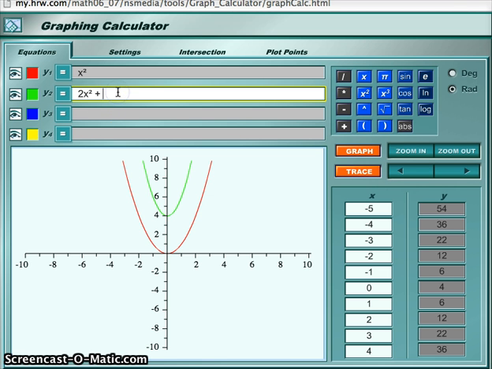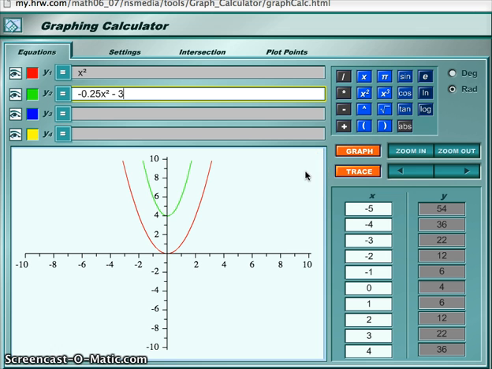We'll try another one. y equals negative 0.25x squared minus 3. Where is this going to be in relationship to the parent quadratic function y equals x squared?